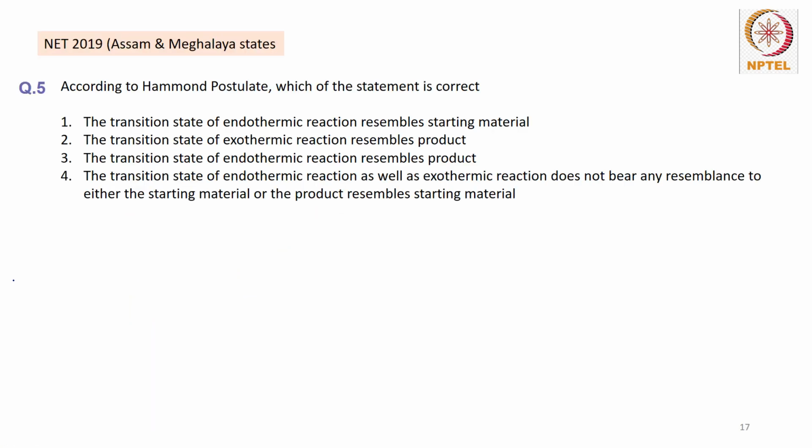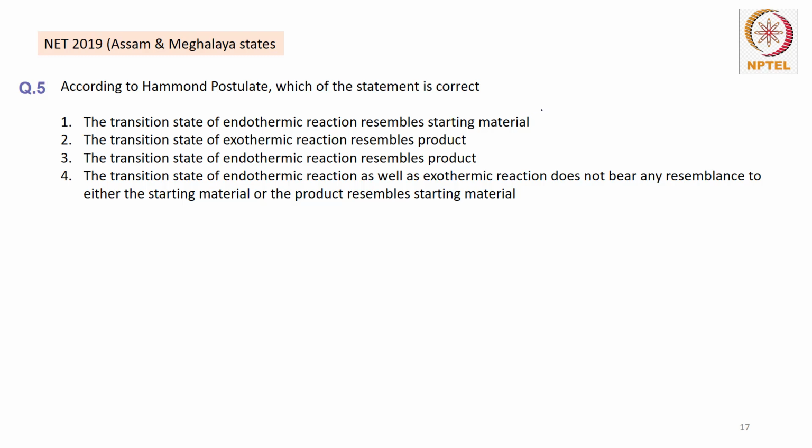Based on this concept, one question came in NET 2019. They have asked, according to Hammond postulate, which of the statements is correct. So you have to analyze and find which statement is correct. First one, let's see. The transition state of endothermic reaction resembles the starting material.